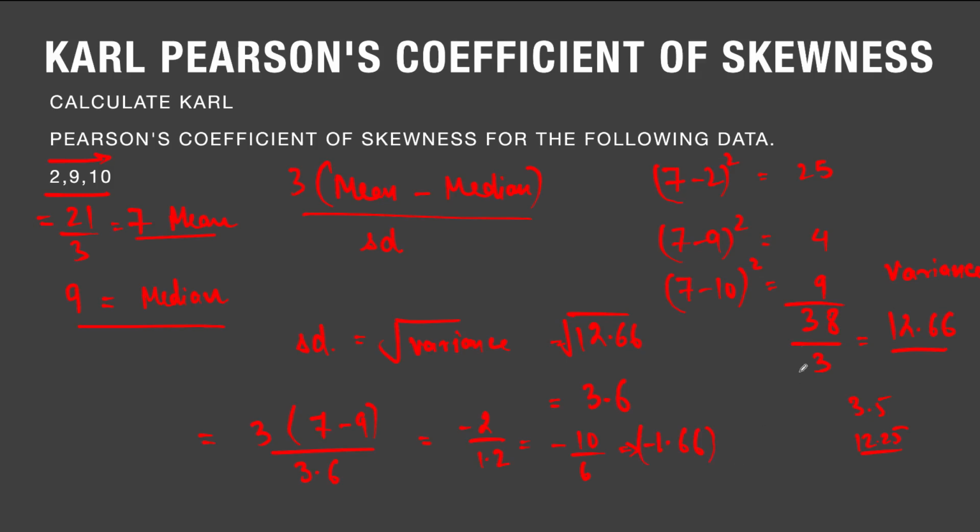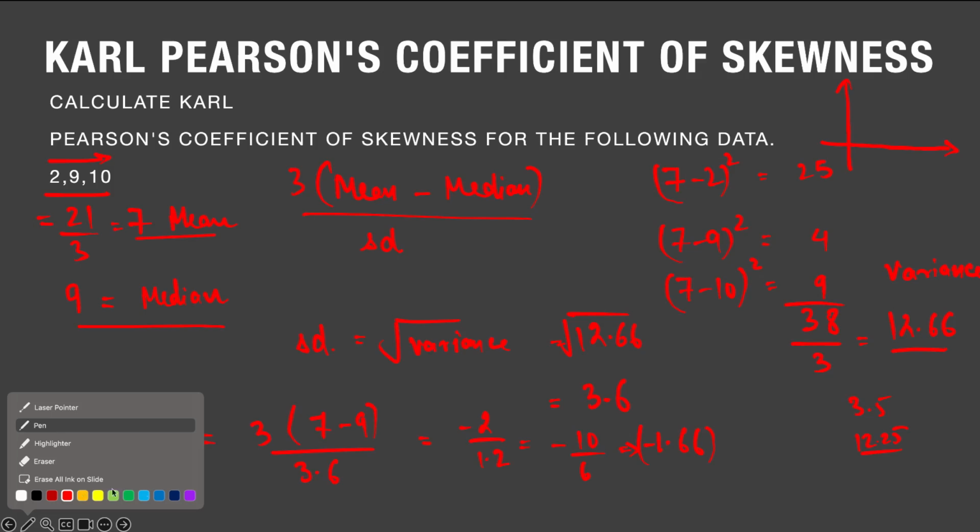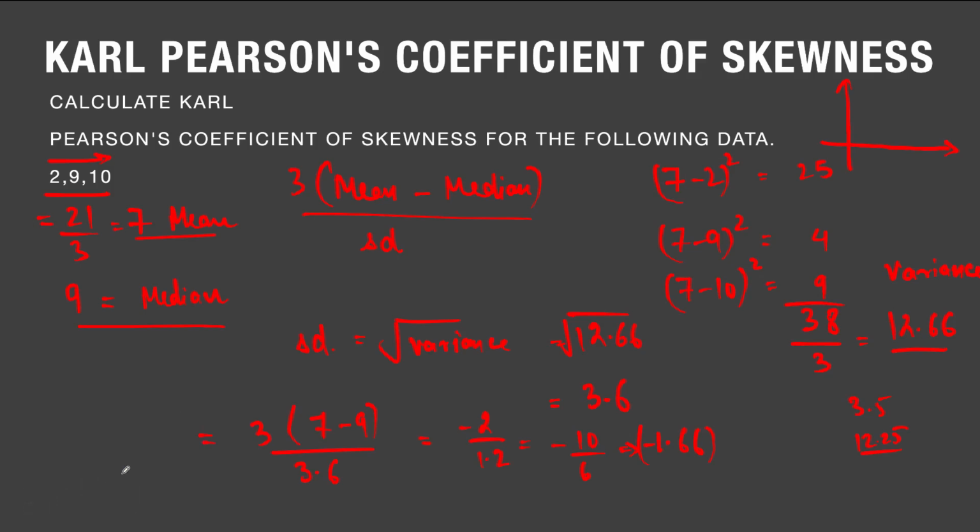In a negatively skewed graph, we said that the tail would move towards the left hand side. Let me quickly plot this graph for you so that the concept becomes very clear. We have the first value as 2. Then we have the second value as 9. And we have the third value as 10.